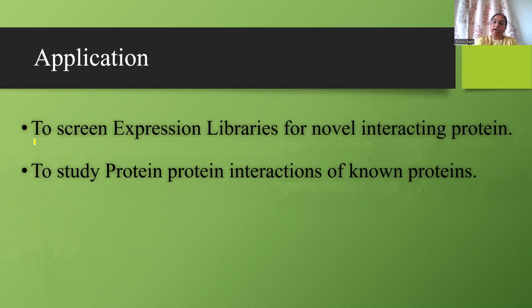Now, with the two hybrid assay, we can screen expression libraries for novel interacting proteins. Expression libraries means what? The cDNA libraries. We can screen the cDNA libraries for novel interacting proteins, or we may also study the protein-protein interaction of known proteins.